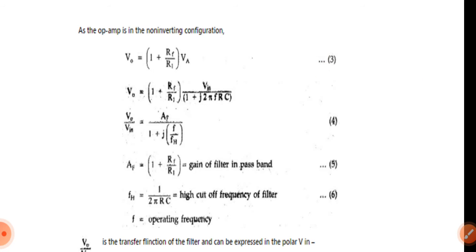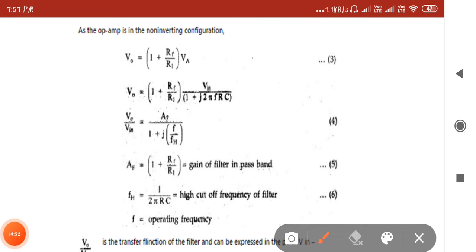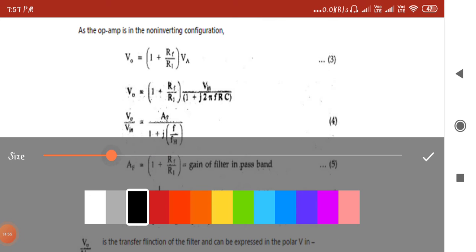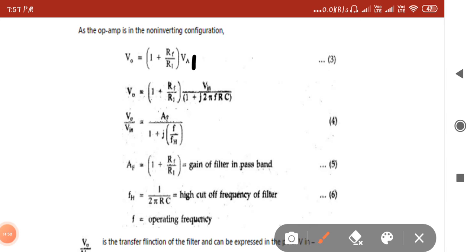In your non-inverting configuration, in both open loop and closed loop, V naught equals 1 plus RF divided by R1 into V1. Substituting this V1 value from equation 2: V naught equals 1 plus RF divided by R1, Vin divided by 1 plus j 2 pi f RC.